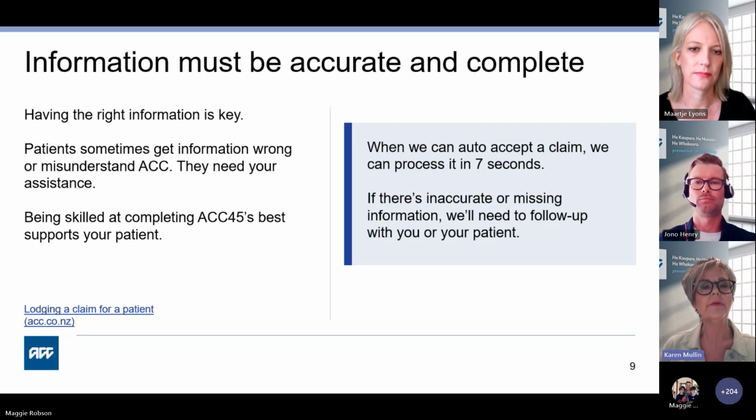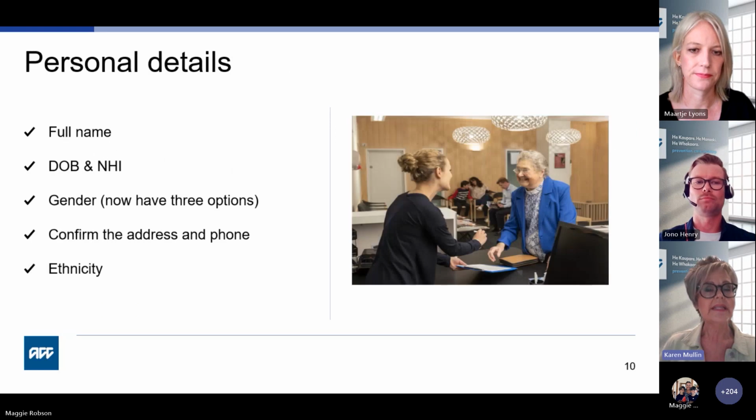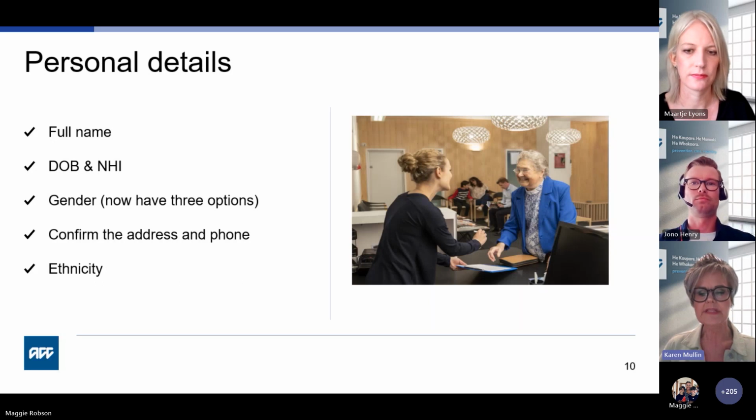I'm just going to touch on a couple of details that are really important. So the patient's full name, so the appropriate use of uppercase, lowercase, and spelling of their name, and the correct use of hyphens and apostrophes. And it can be really helpful to actually validate that with the patient at the time.